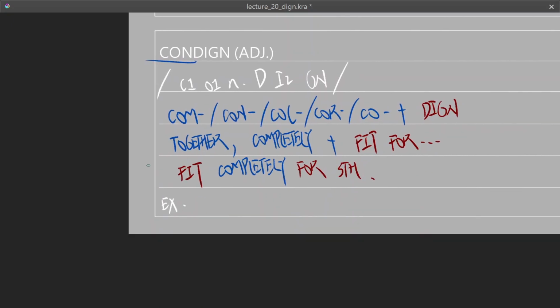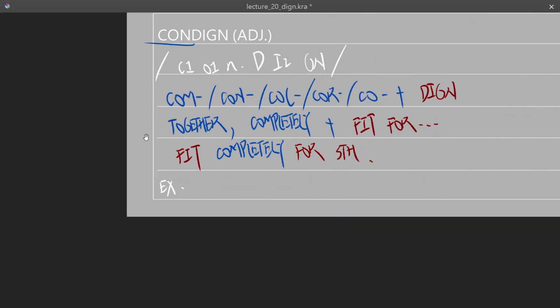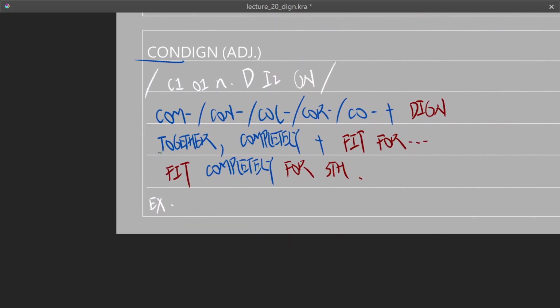For example, we could say condign punishment.